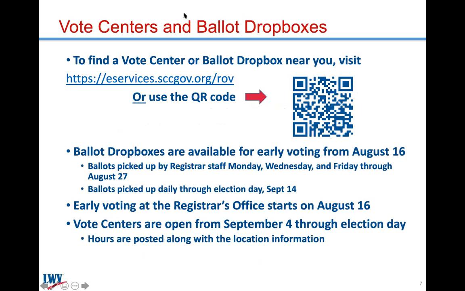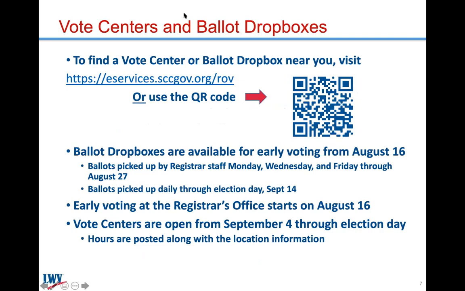To find a vote center or ballot drop box near you, visit the website eservices.sccgov.org/ROV, the Registrar of Voters Electronic Voter Services site for Santa Clara County, or take a photo on your smartphone of this QR code. Ballot drop boxes are available from August 16 through Election Day, September 14.